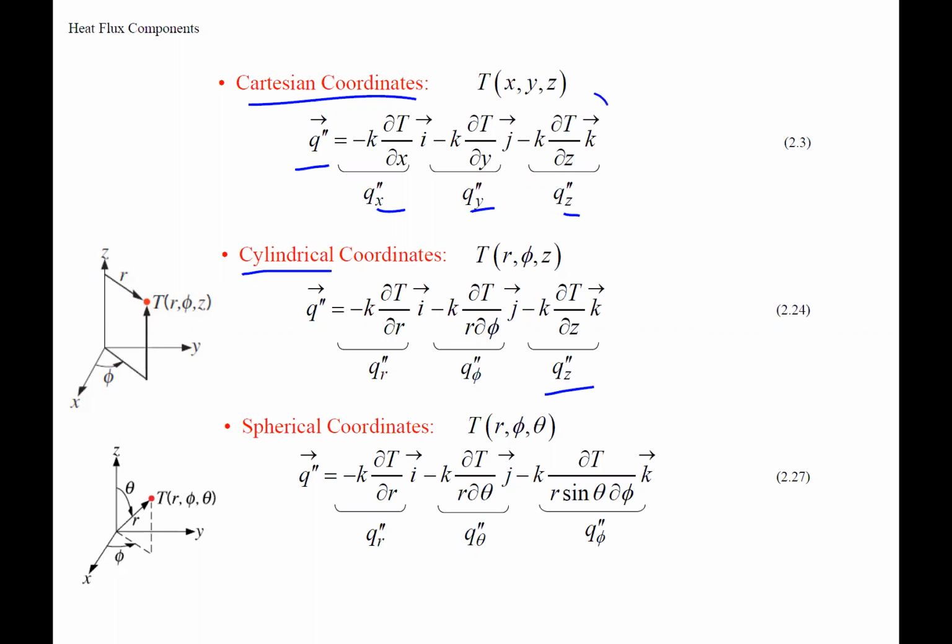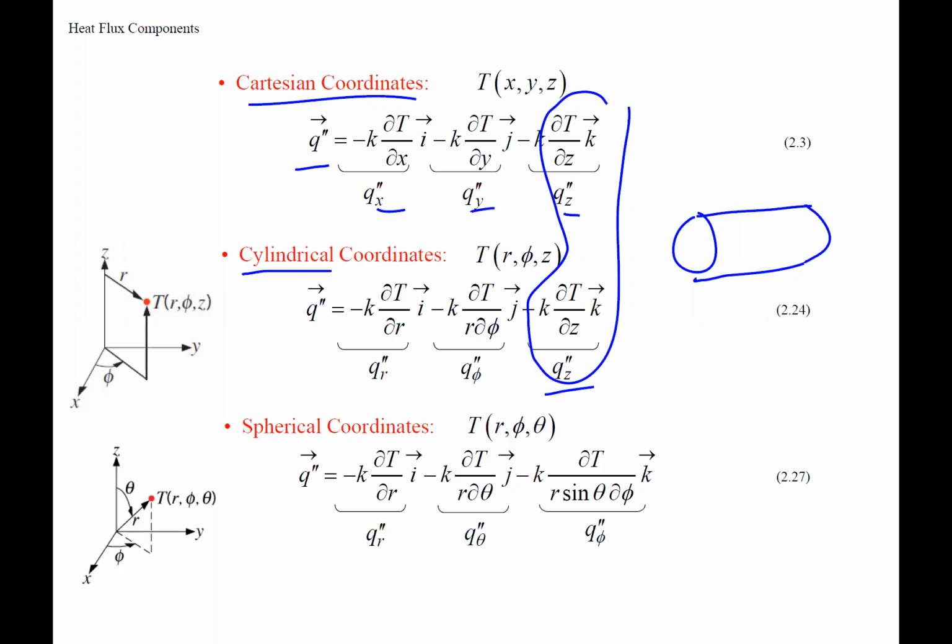This is the same as what we see in Cartesian because if you're looking at a cylinder and you're going in this direction, that's the Z direction, which looks the same as Cartesian, right? Now, if we have the radial direction, so we're looking in this direction in this cylinder, we have our coordinate there, right? If we were looking for heat transfer in this direction, then that would be in our angle direction here, okay?